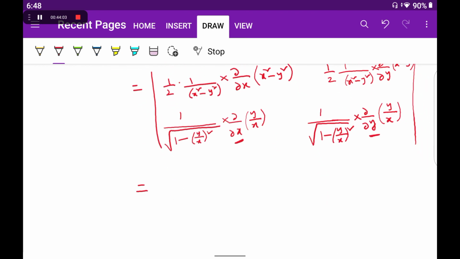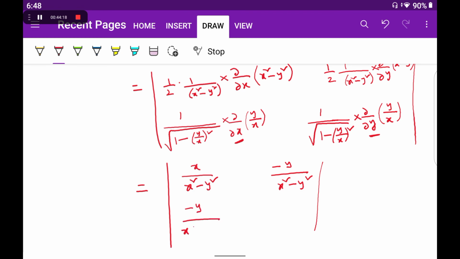Now if you simplify, you will get x by x square minus y square, minus y by x square minus y square, minus y by x into root x square minus y square, 1 by root x square minus y square.